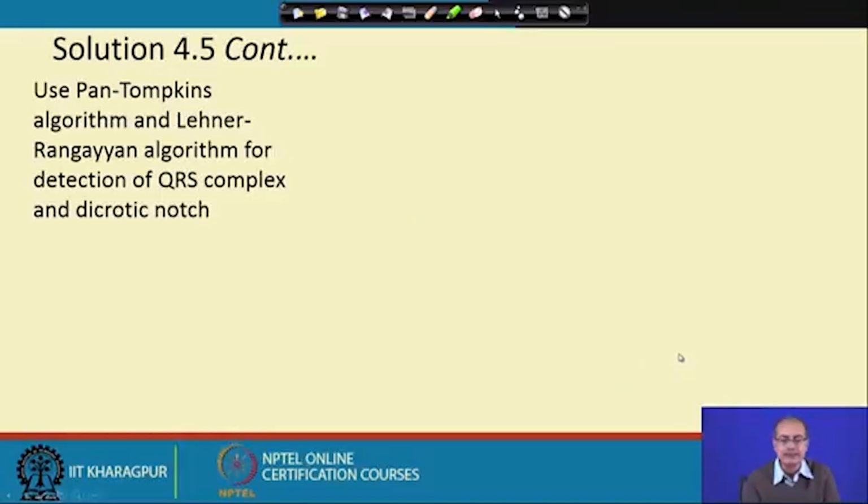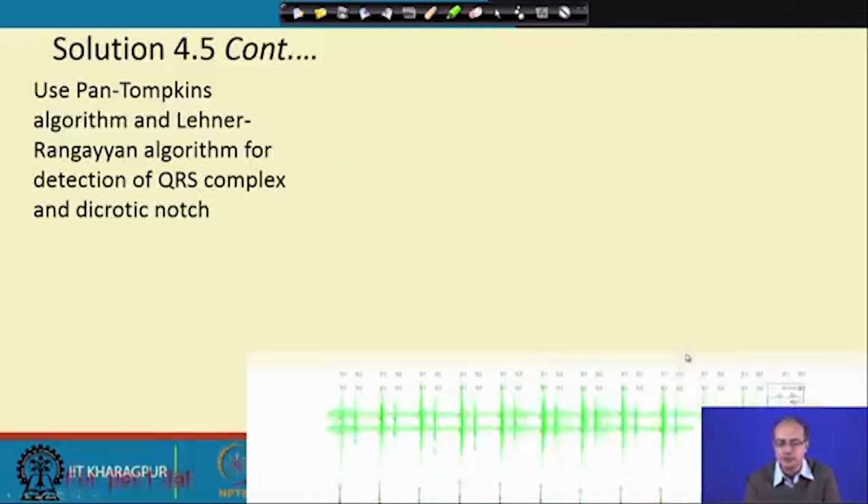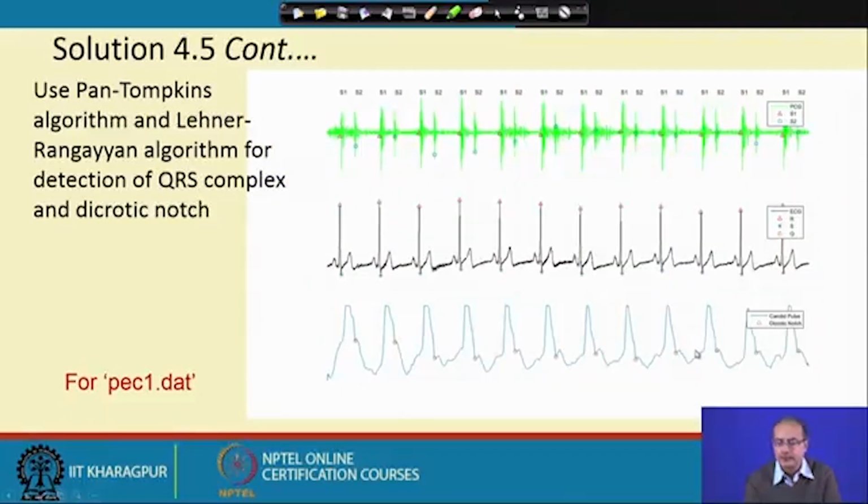So, the location of S1 and S2, these two sounds of the PCG, will also vary. First we have to find out those locations, and for that we need the location in the ECG signal, which needs the Pan-Tompkins algorithm, and the Lehner and Rangayan algorithm will help us get the dicrotic notch, and from there we can get the location of S2.